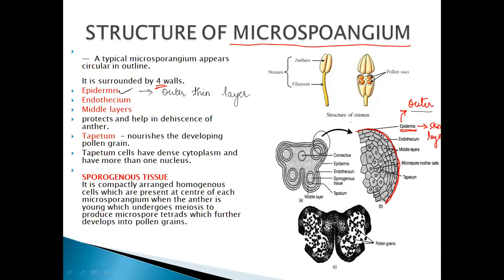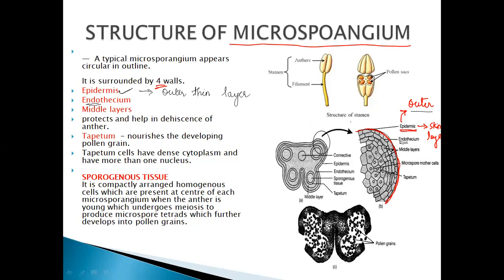Now coming to the next layer, which is the endothelium. Endo means inside. The inside covering which we have just below the epidermis is known as the endothelium layer, or endothelium cells.